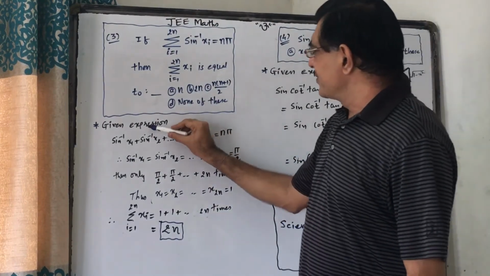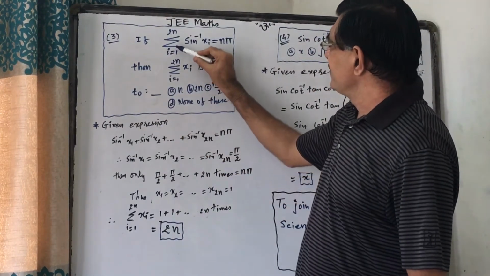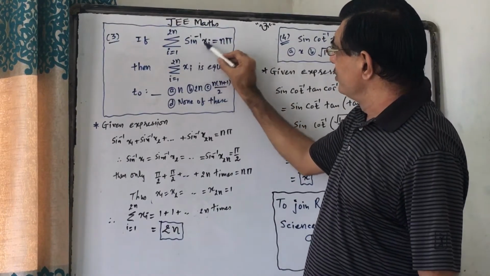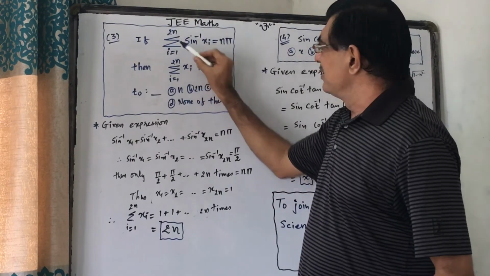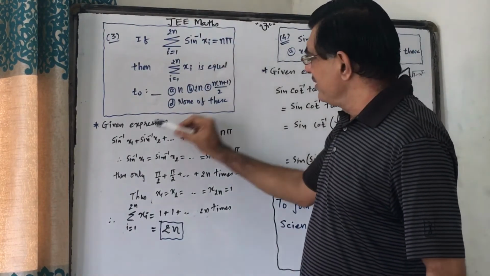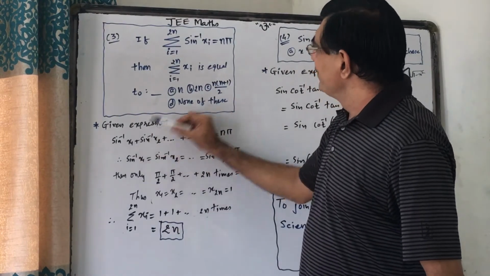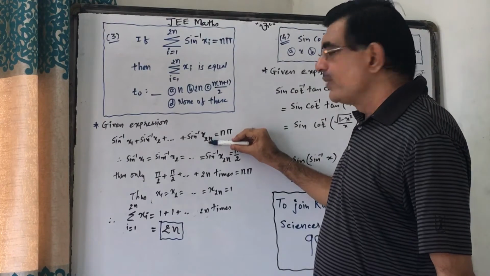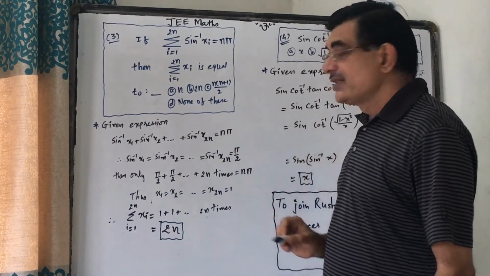Here the given expression can be written as sin inverse of x1 plus sin inverse of x2 up to sin inverse of x of 2n equals n pi.